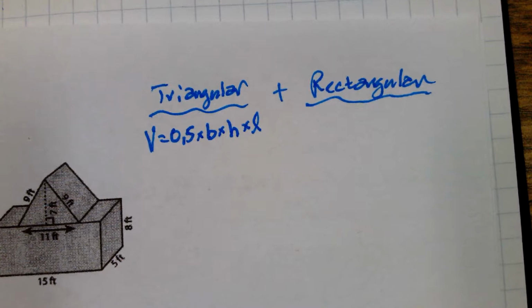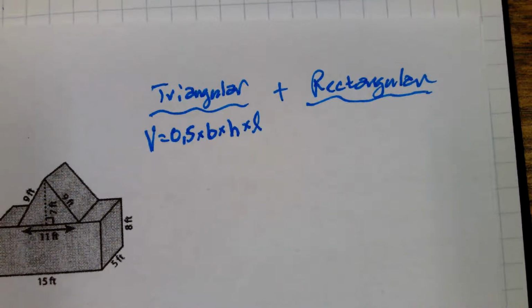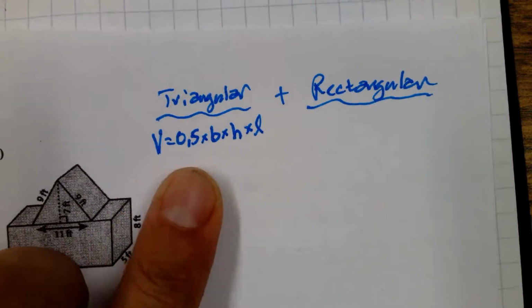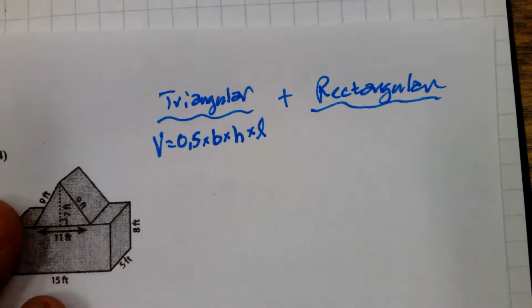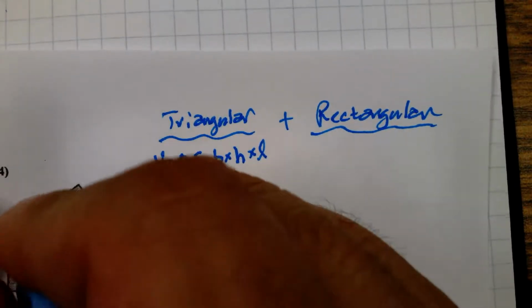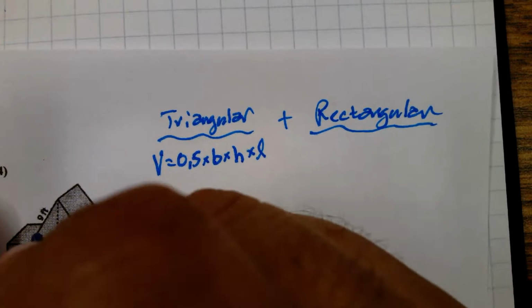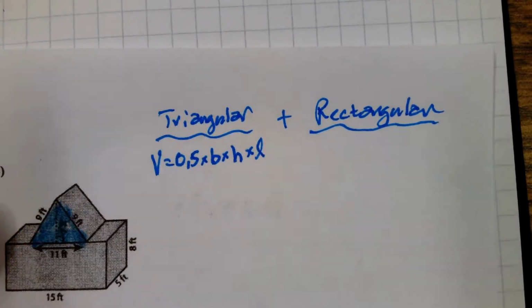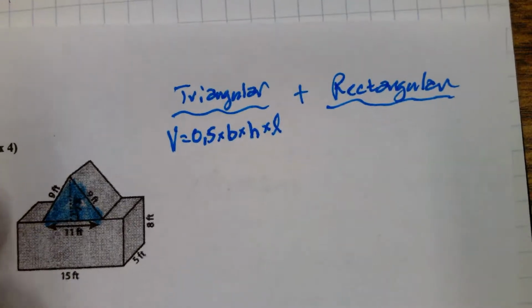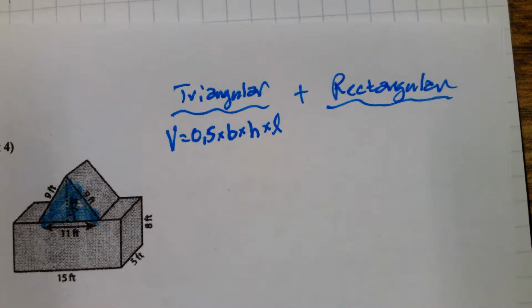So we got that. Let's look at our triangular prism. It's 1/2 the base times the height times the length. So here we have the triangle. We need to isolate the triangle, guys, because we need two parts of this triangle.